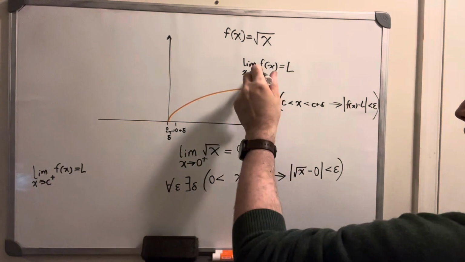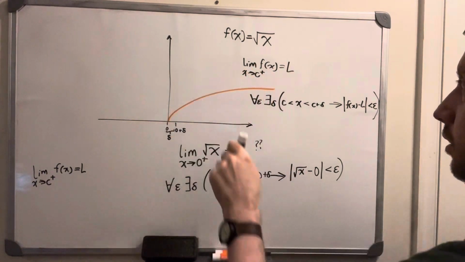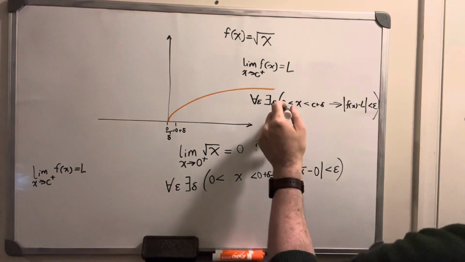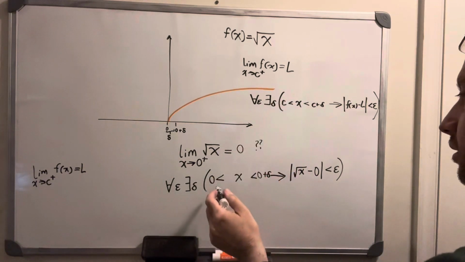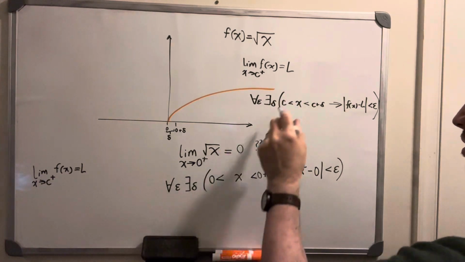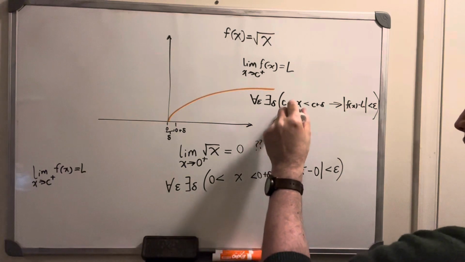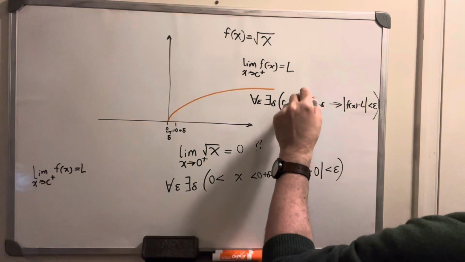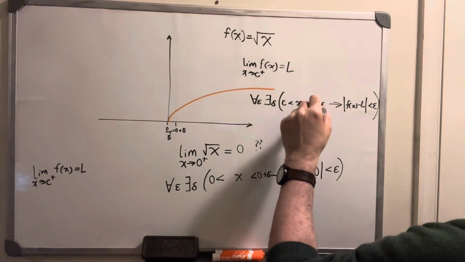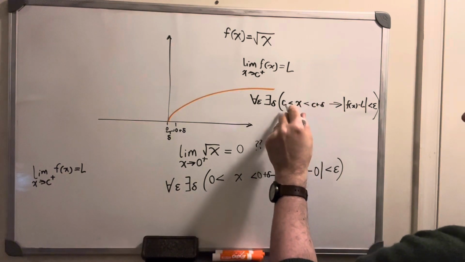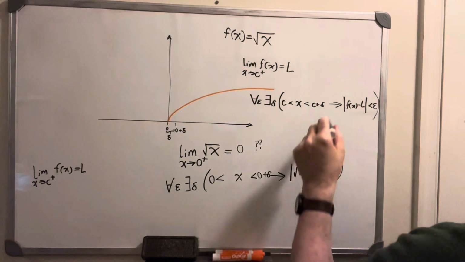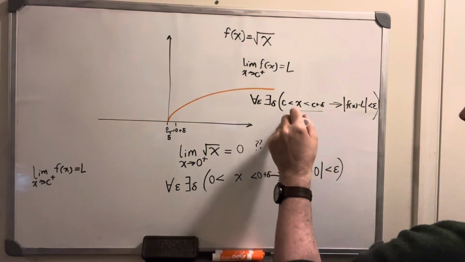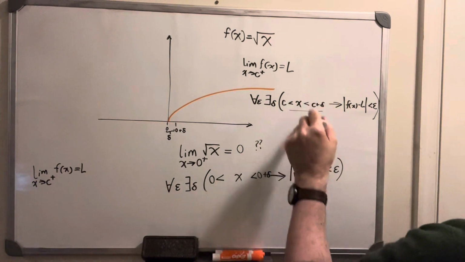So that's the limit coming from the right. Instead of saying the absolute value of x minus c is less than delta, now the proper interval to specify is between c and c plus delta.